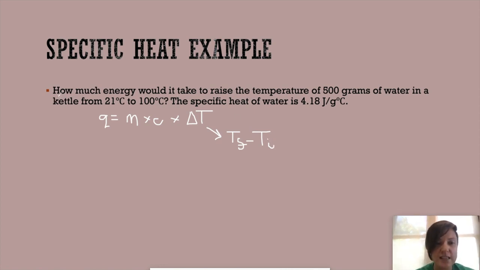So first off, it's asking us how much energy would it take. So that means we don't know what Q is. This is what we're looking for. So this is a big old question mark. The next thing is it says how much energy would it take, which means looking for energy, to raise the temperature of 500 grams of water. So the next bit of key information they give us is the mass, M. So M is equal to 500 grams.